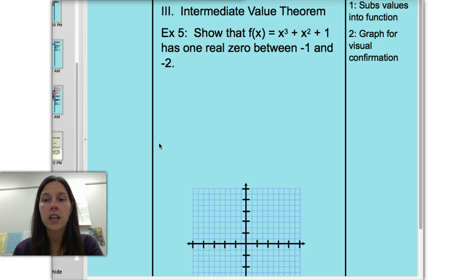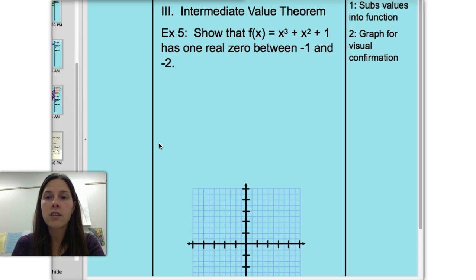So negative 1 and negative 2 are our x values. When you go back to that vocab sheet we were looking at, that would be the a and the b. So along the continuum, or the range of x values between negative 1 and negative 2, we're trying to show that there will exist a 0, a y value of 0.